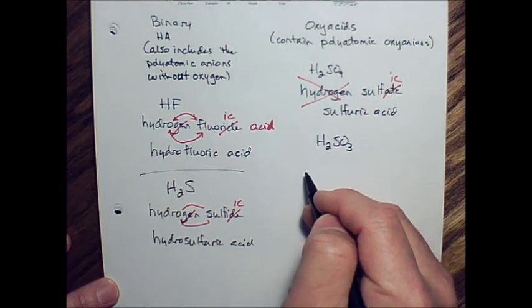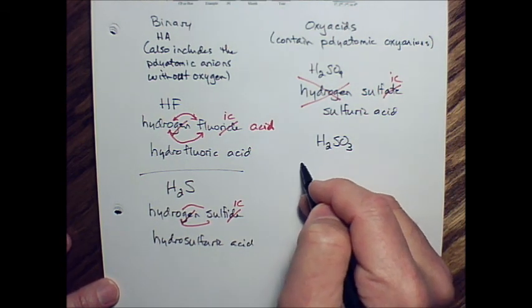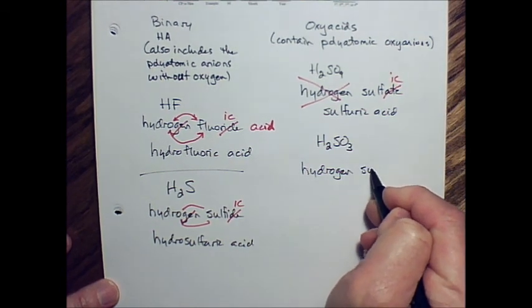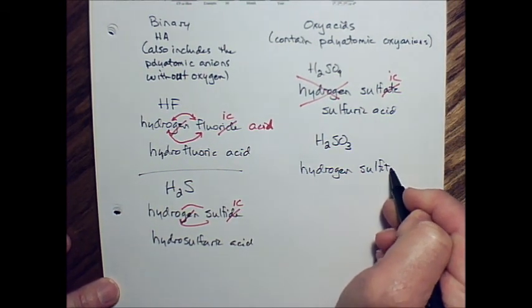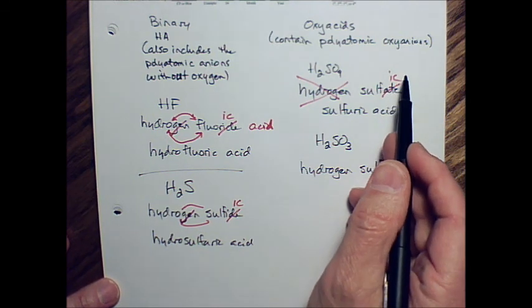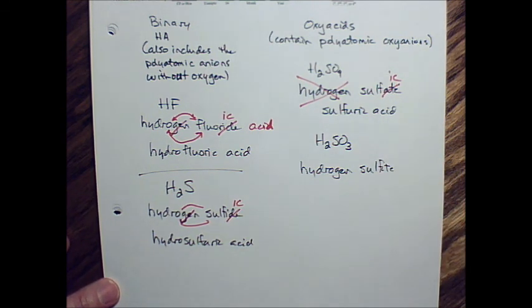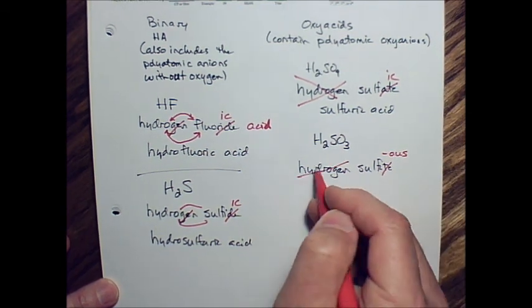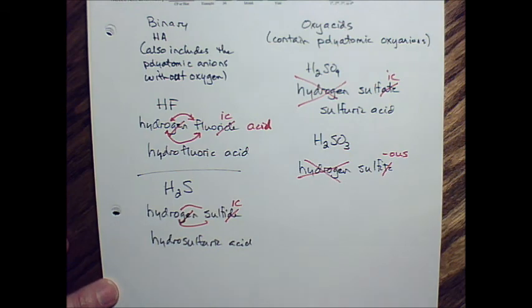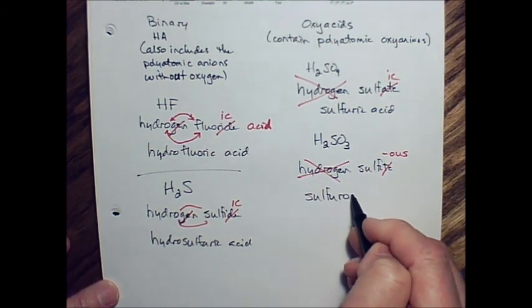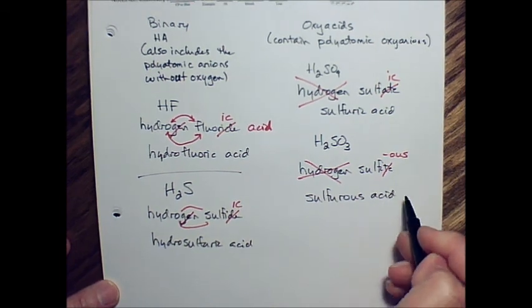So if we name it like an ionic compound, it's hydrogen sulfite. Okay? All right. Ates, we change to ic. Ites, we're going to change to ous. Drop the hydrogen off. So this is sulfurous acid. There you go.